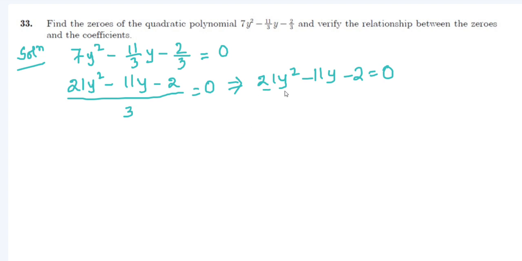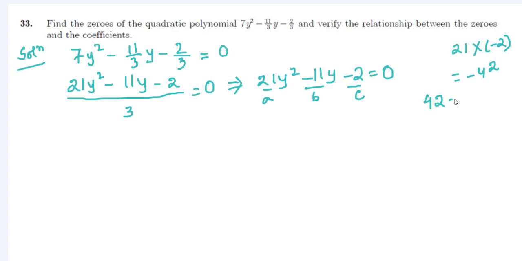So this is 21 and this is minus 2. This is our A, this is our B, this is our C. A multiplied by C is minus 42, and now we have to make minus 11. So what are the factors of 42?